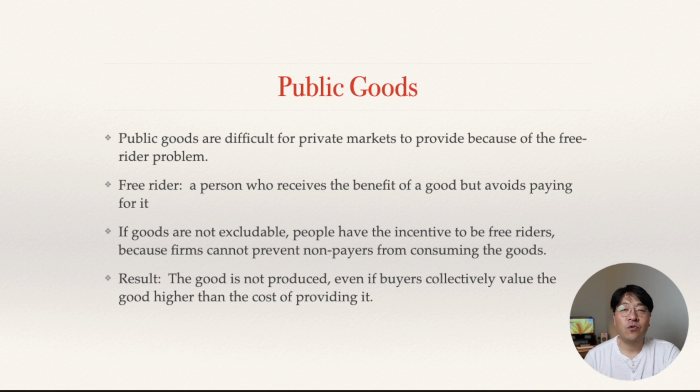So what's the consequence? Under this case, the result is obvious, right? Even though it is necessary, or even more would be better from the perspective of the social optimum, it is underproduced. Because of the free rider issue, nobody will show their true preference for these public goods.